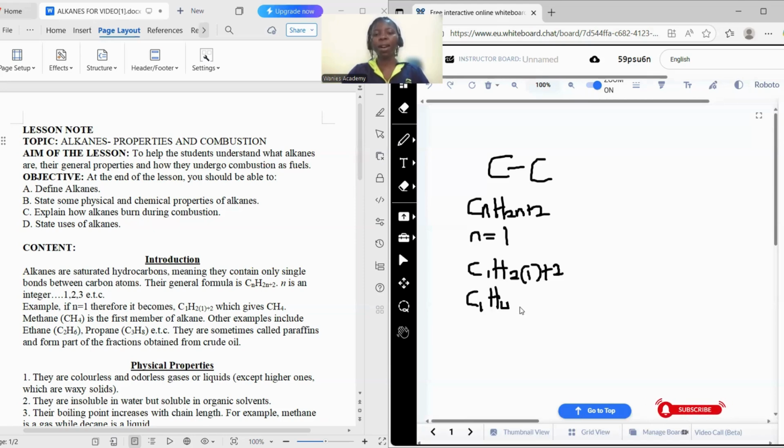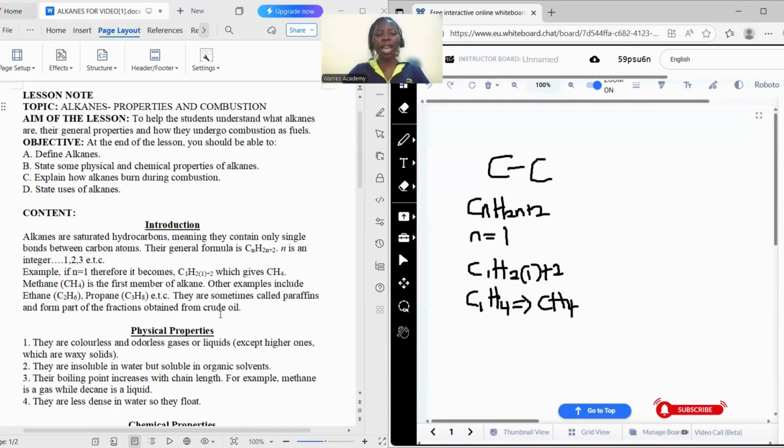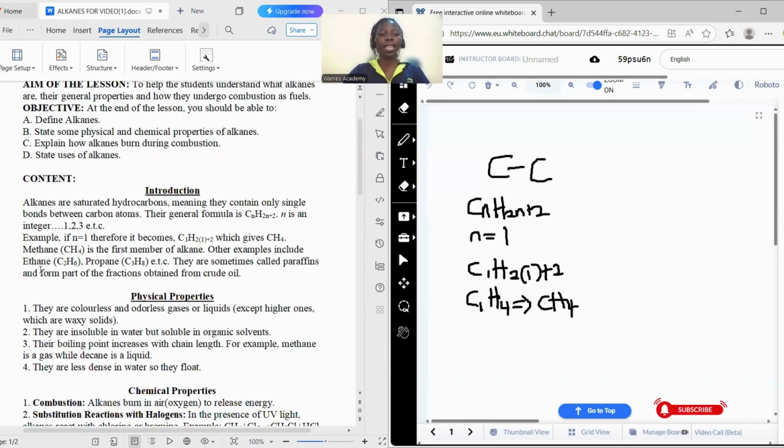So our final answer in this case is CH4, which is the first member of alkane. It is called methane. So we have other examples which include ethane, propane, butane, and so on and so forth.